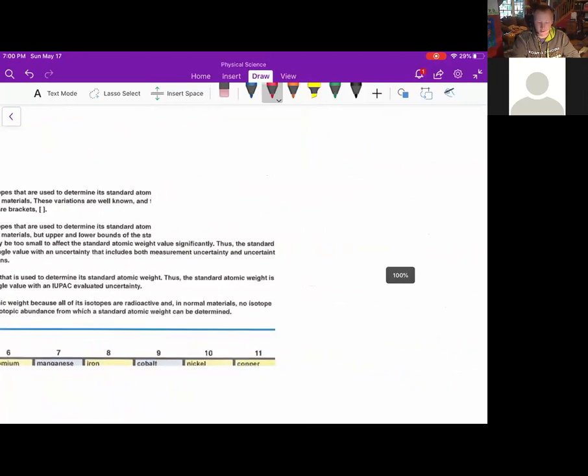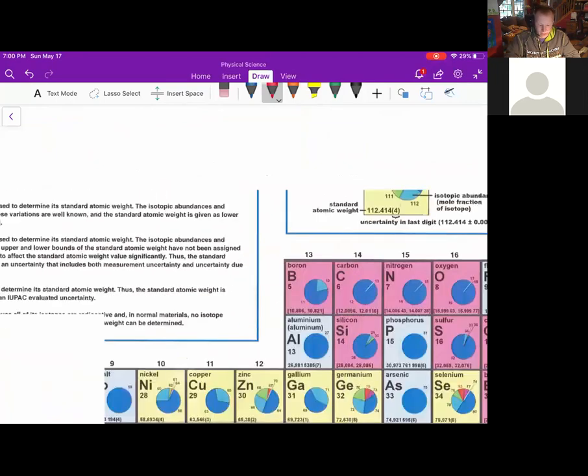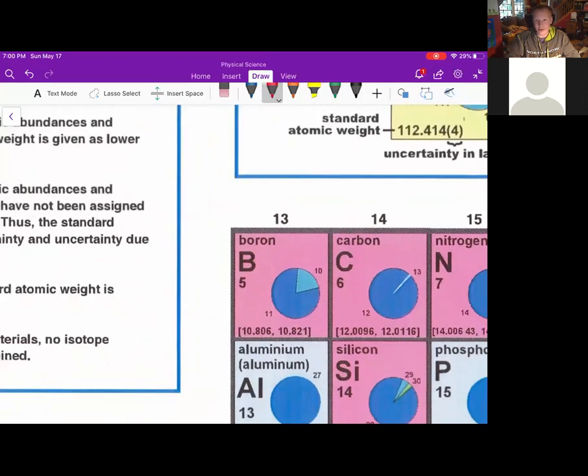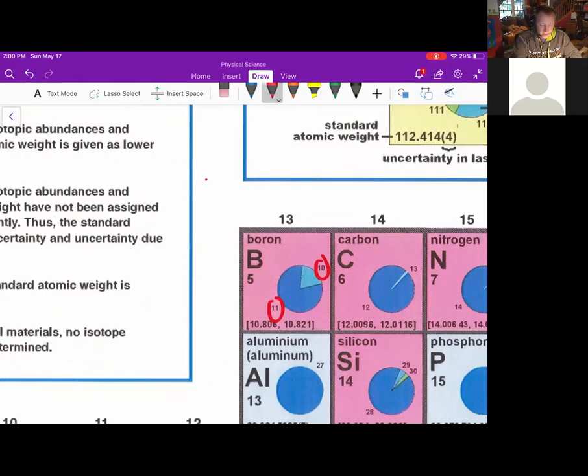So if I go over to the other side, let it catch up with me. Let's look at boron. Boron has 2 varieties that we would find in nature, boron 10 and boron 11. So let's summarize those up here. Boron-10, that means since it's boron, it would have 5 protons.